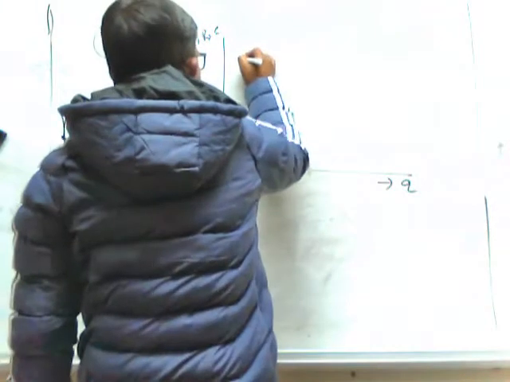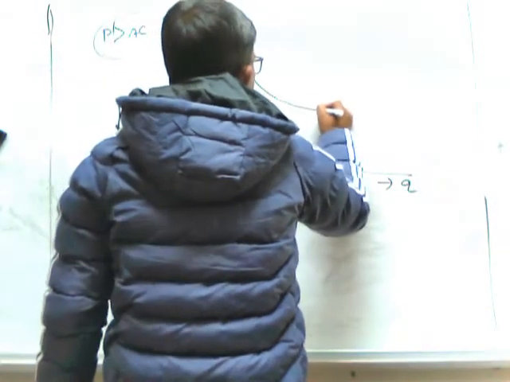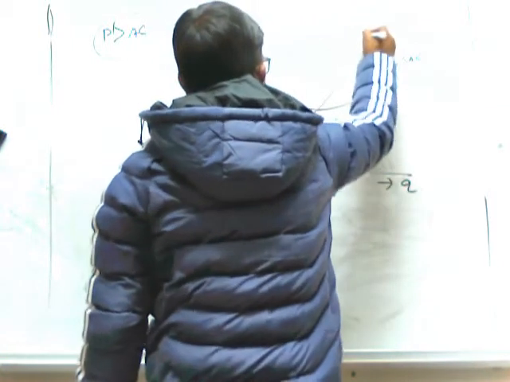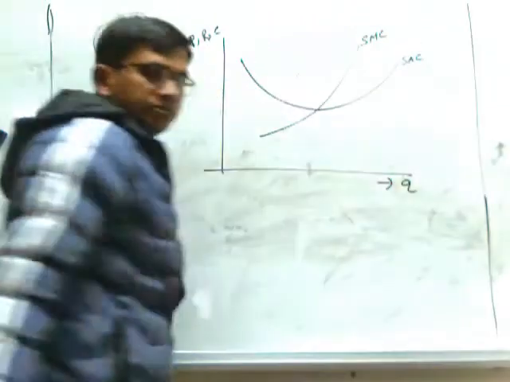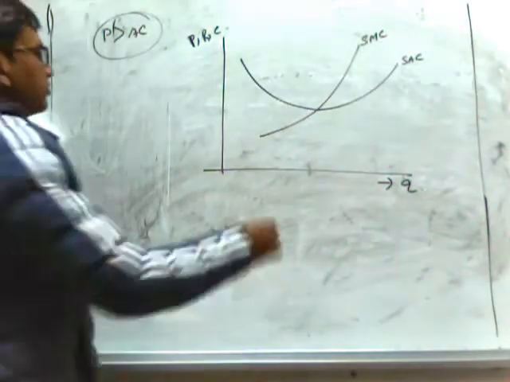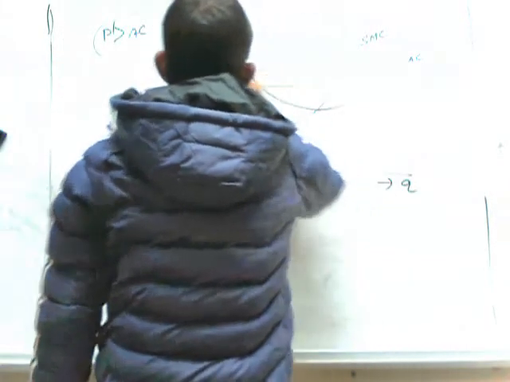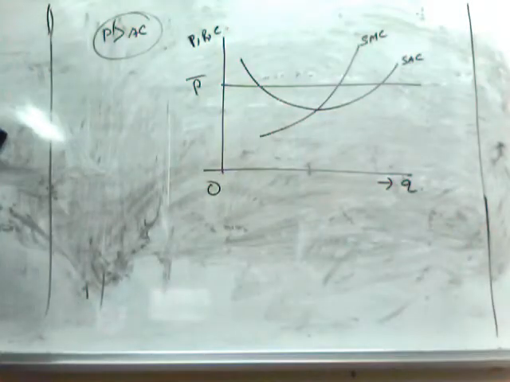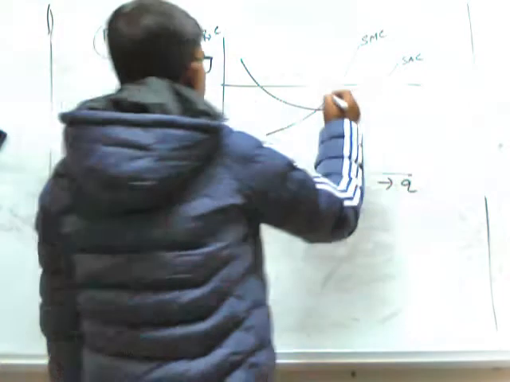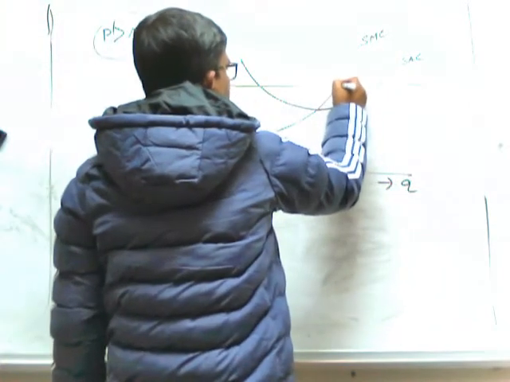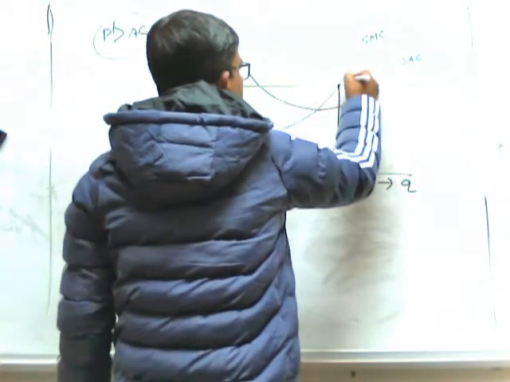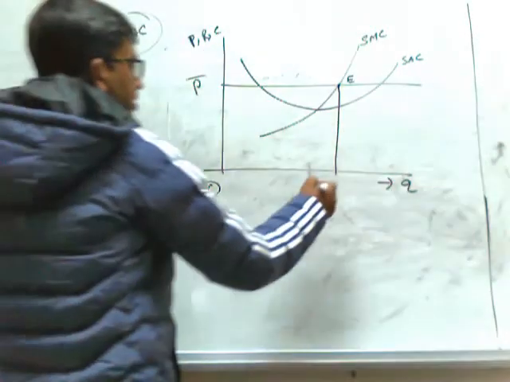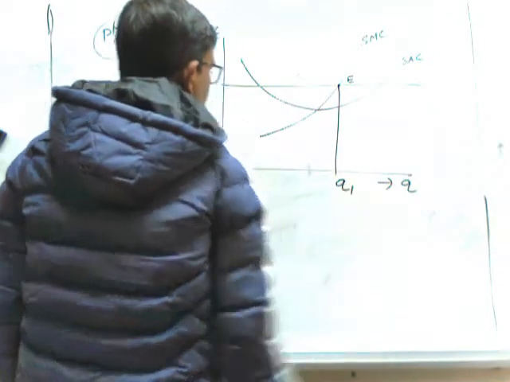So this is the short run average cost curve and this is the short run marginal cost curve. Now if we consider that the price line is OP bar, OP bar is the market price, then definitely the two conditions of equilibrium are being fulfilled at point E. And at point E the equilibrium level of output is OQ1.